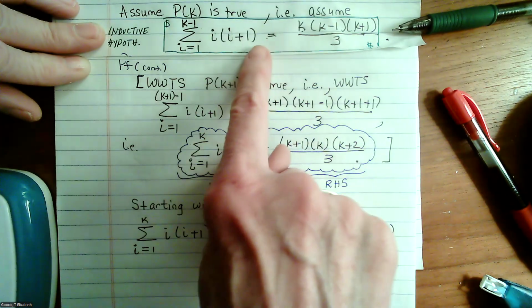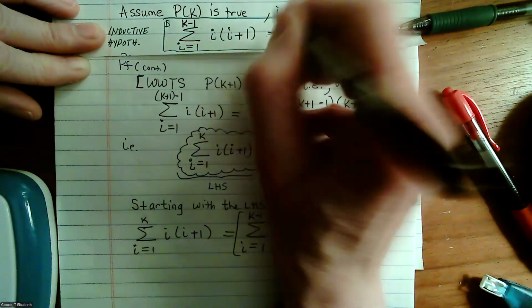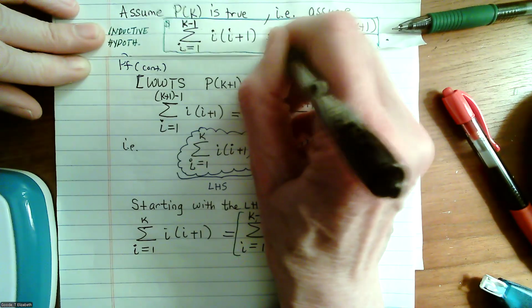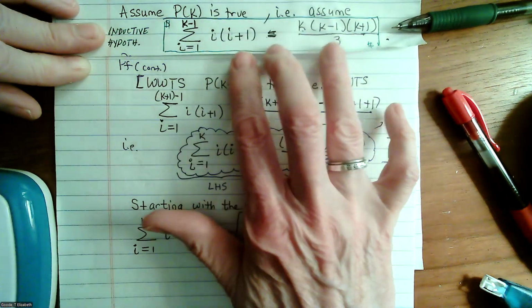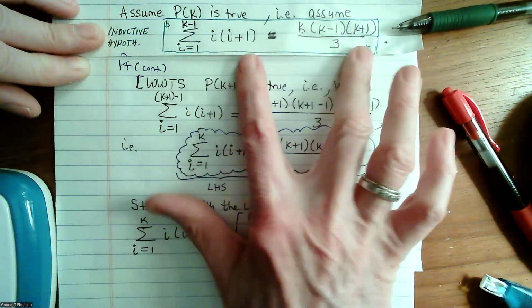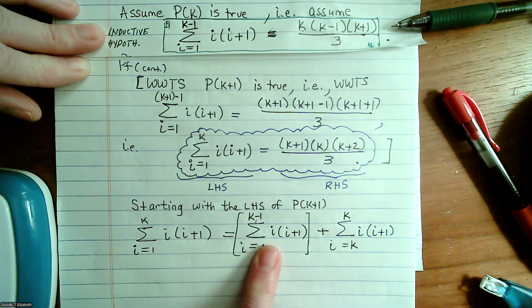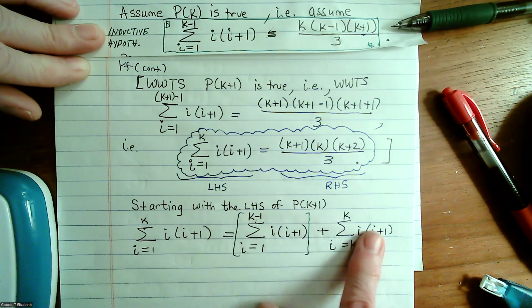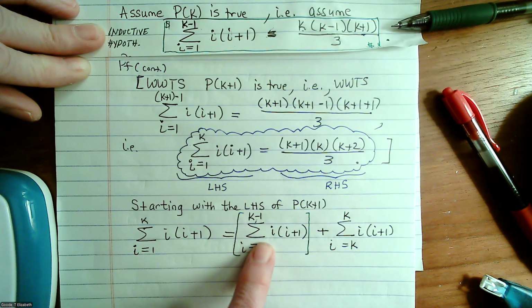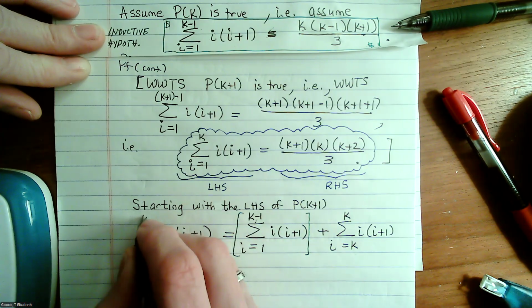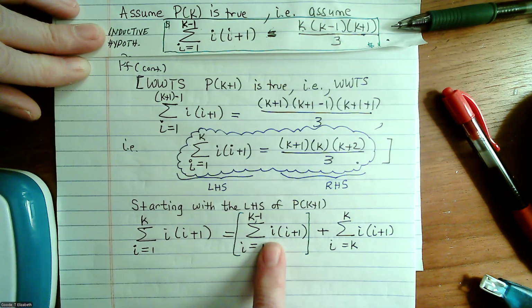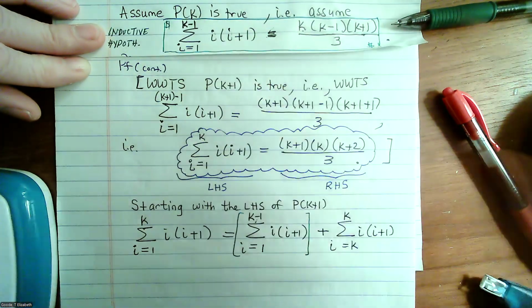And we have assumed that the left-hand side is equal to the right-hand side. That is our money in the bank. We know these two are actually equal. So that's the reason we break off the last term, so that we can see the sum of all the terms right before that, because we can make a substitution now.